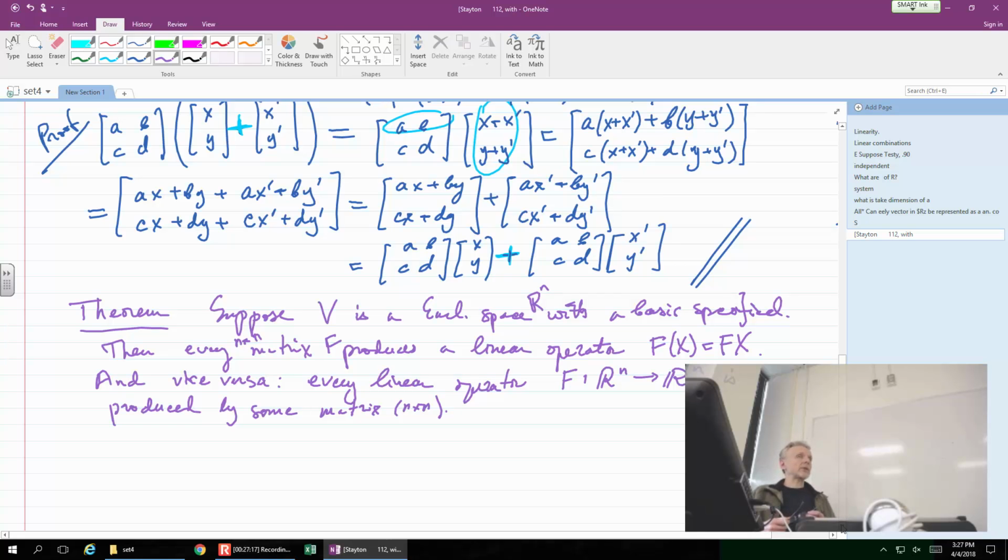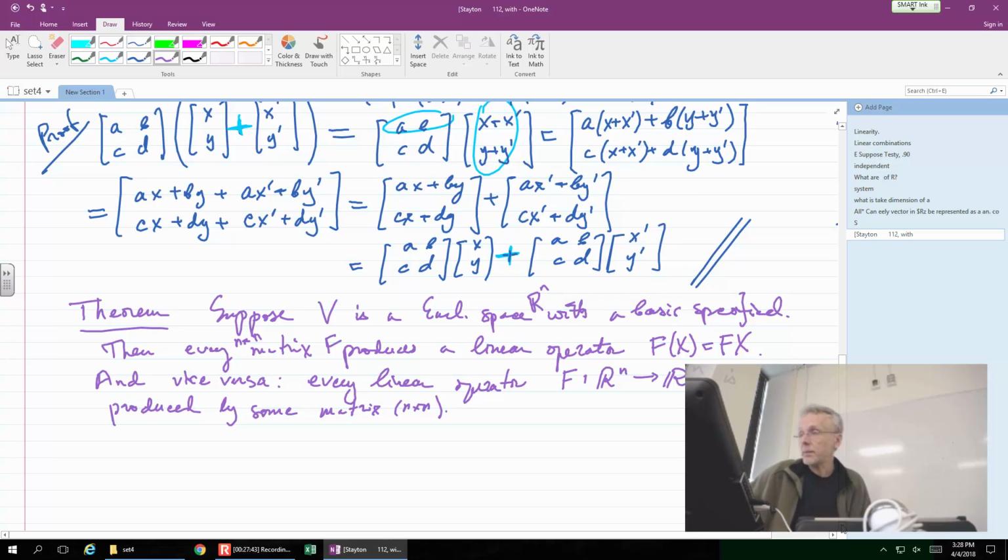So linear operators are matrices, as long as the basis is specified. If a basis is specified, then every linear operator can be turned into a matrix. And if you already have a matrix, then that is definitely a linear operator. Okay, so that's the good news. It means that if we have a linear operator, then we can find a matrix for it. It just takes some work.